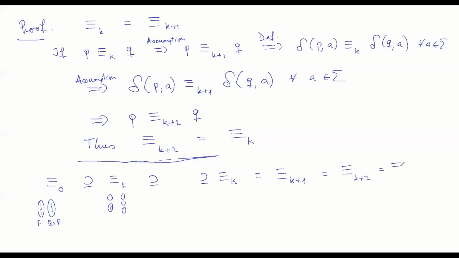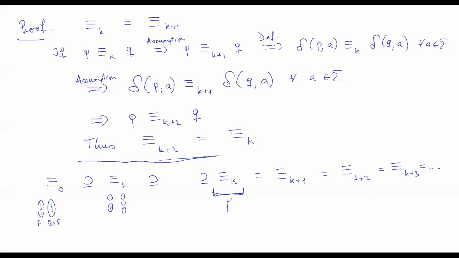So what I'm saying is that you are going to look ahead and try to distinguish between these states until eventually you get to this level where looking ahead doesn't help anymore. You cannot distinguish anymore.